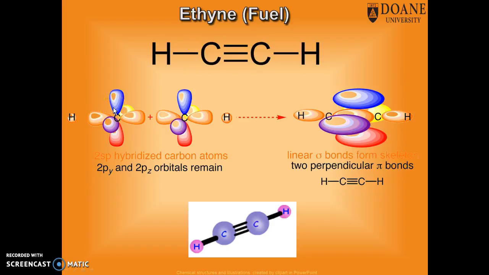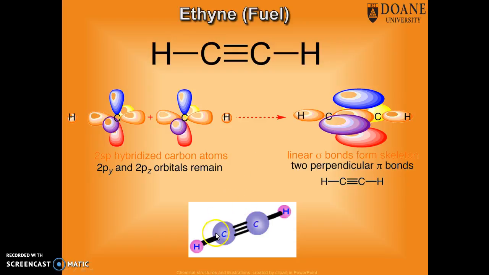Then how do we form the pi bonds? Just like we did in ethene on the previous slide, this p orbital here, the dumbbell-shaped orbital, blue and red, they overlap to make one pi bond. While the other one here, this yellow and the purple, they are lying perpendicular, exactly 90 degrees to this p orbital, and they form the second pi bond.